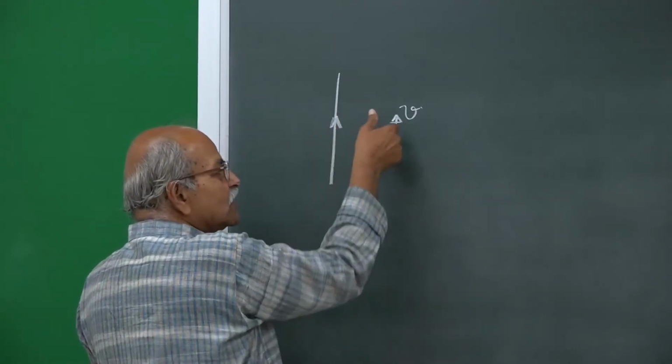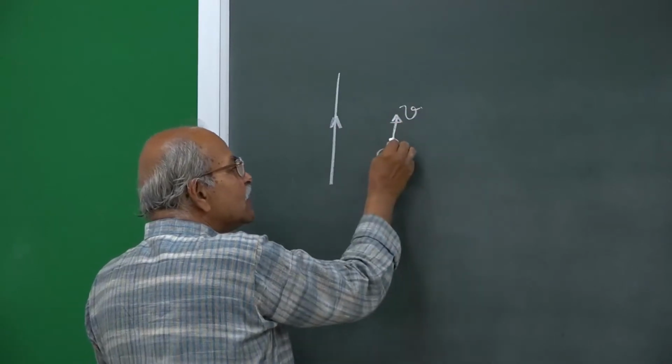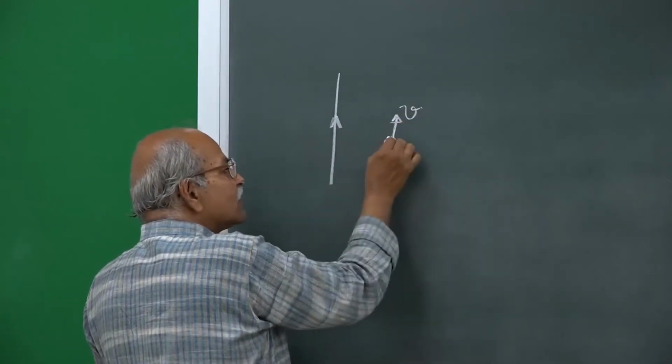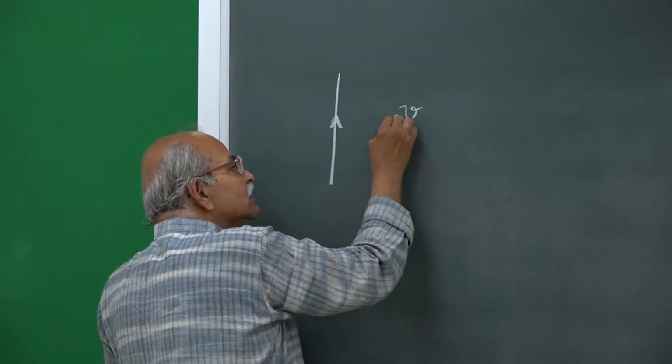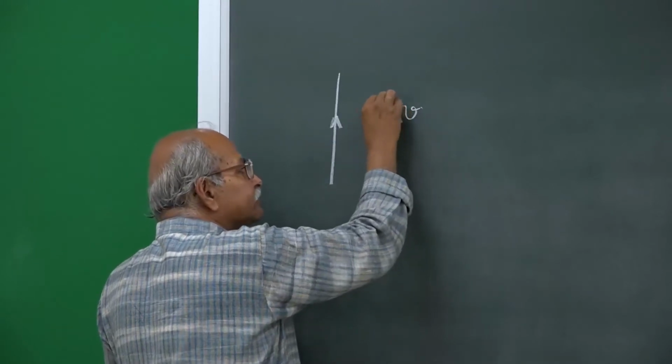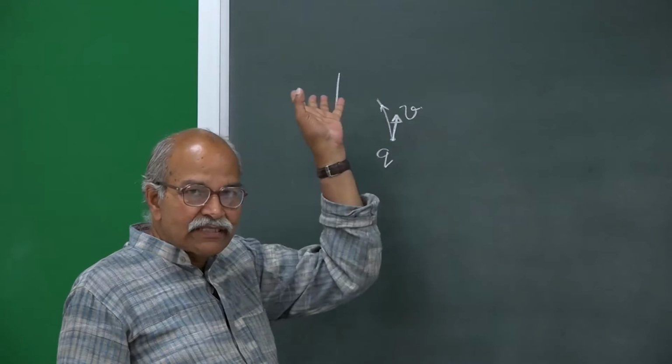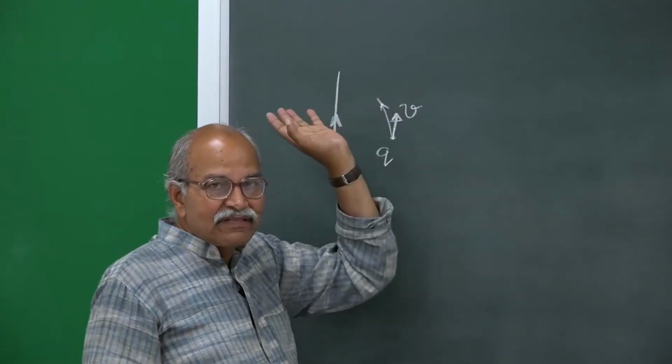The magnetic field will be into the board and then q v cross B will be towards this wire. So, this particle will deflect. Okay. So, that is the action of the magnetic field.